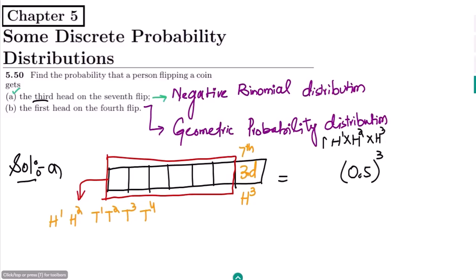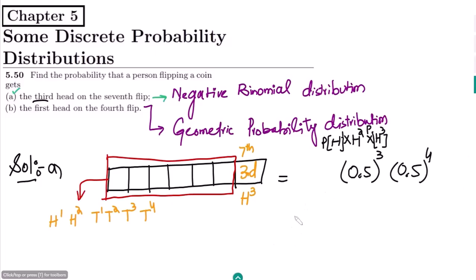Let me represent their probabilities with P of H1, P of H2, P of H3. Multiplying them, we get 0.5 cubed, and for the tails, P of T1, T2, T3 and T4, we get 0.5 raised to the power 4.